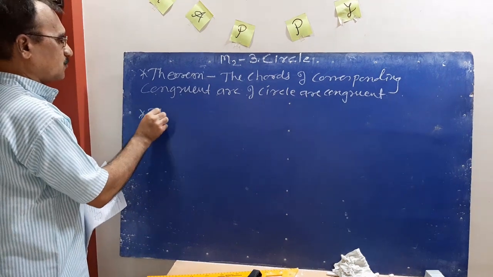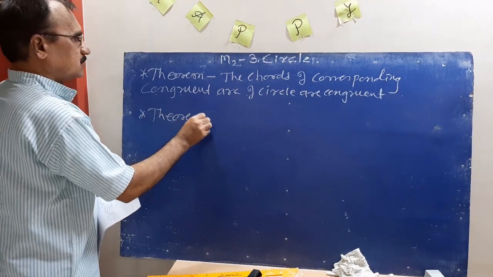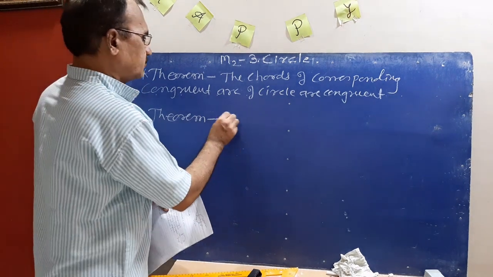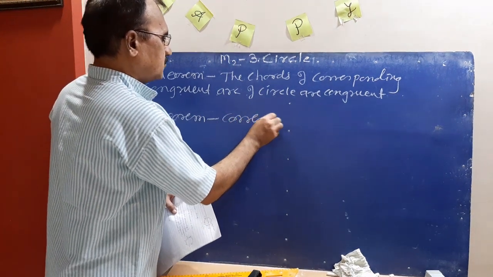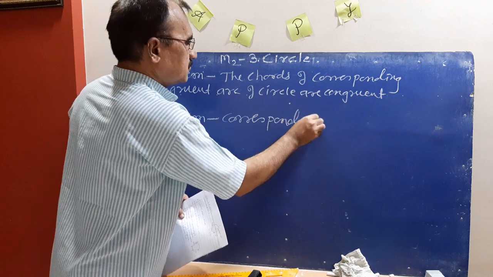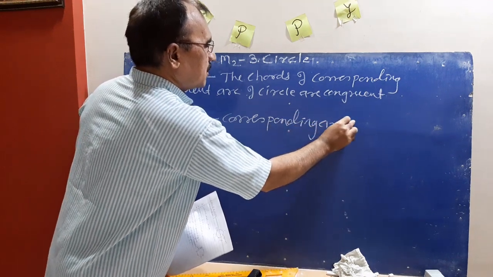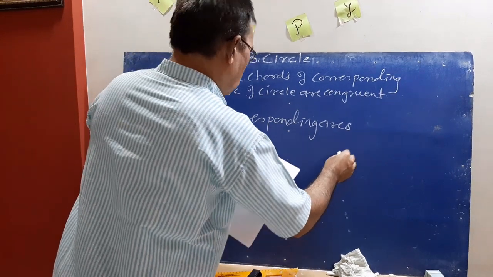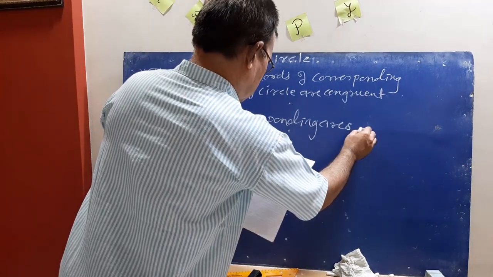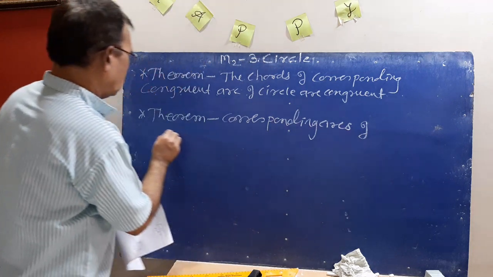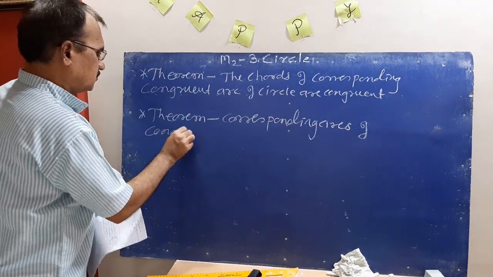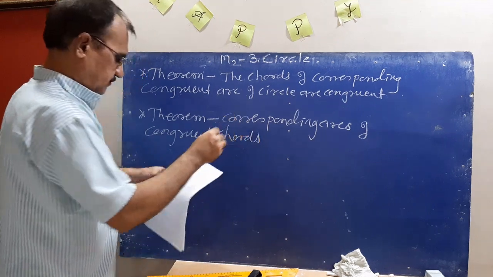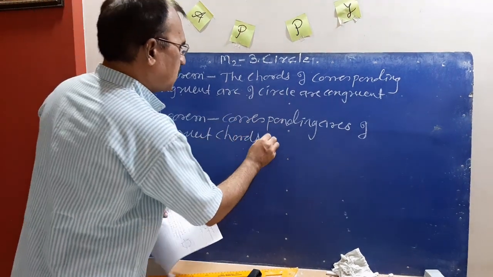And then the converse of this theorem: the arcs corresponding to congruent chords of a circle are congruent.